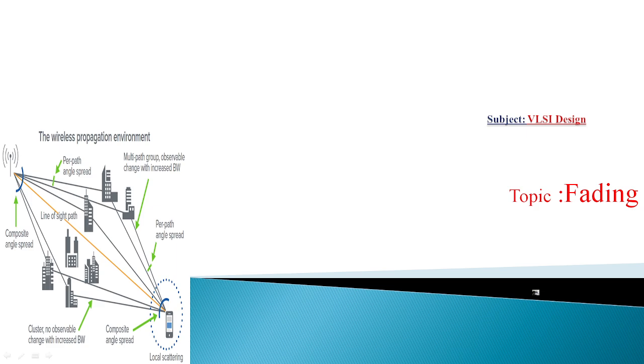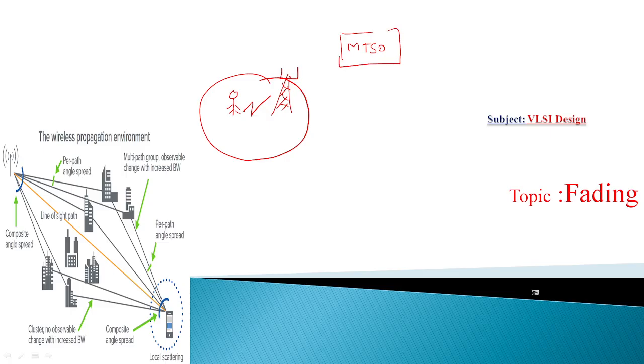When the user initiates a call in mobile communication, first the signal is received by the nearest cell site. This is the cell site. Assume this is the cell site. Then the MTSO, mobile telephone switching office, will find out where the receiver and transmitter addresses are.